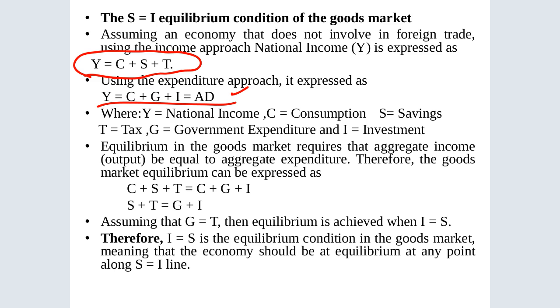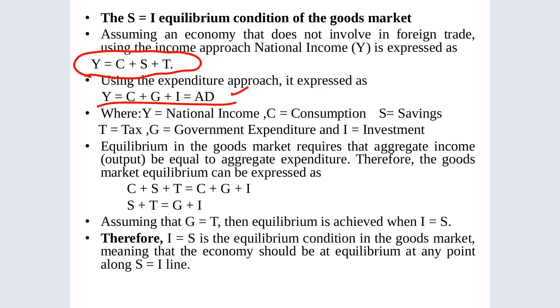Now we can equate income to expenditure, because we said that equilibrium in the goods market requires that aggregate output should be equal to the aggregate expenditure. So we have the aggregate expenditure and we have the aggregate output.